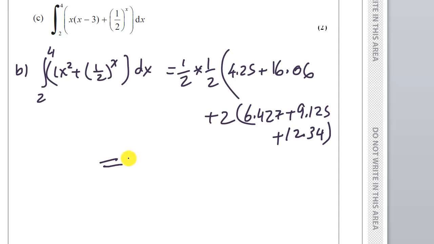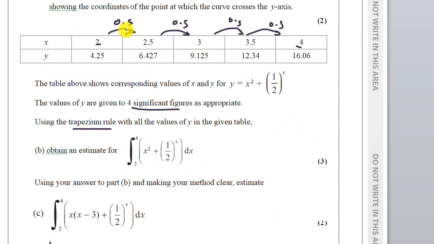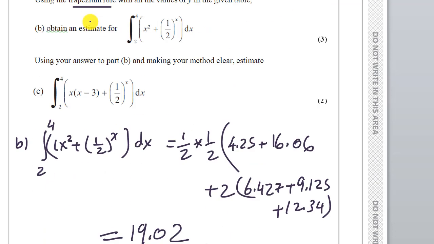Remember here that h equal to 0.5. So you will get the marks for h, or you can write it here, h equal to 0.5. Okay?